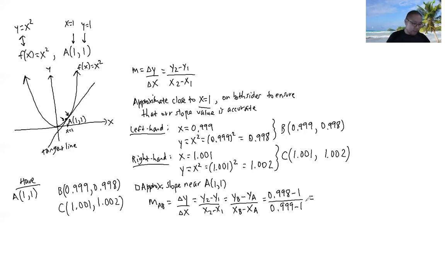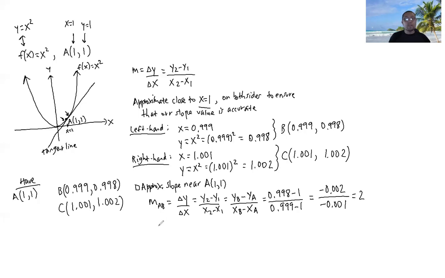And so this is going to work out to negative 0.002 divided by negative 0.001. And when you solve this out, you're going to get 2.